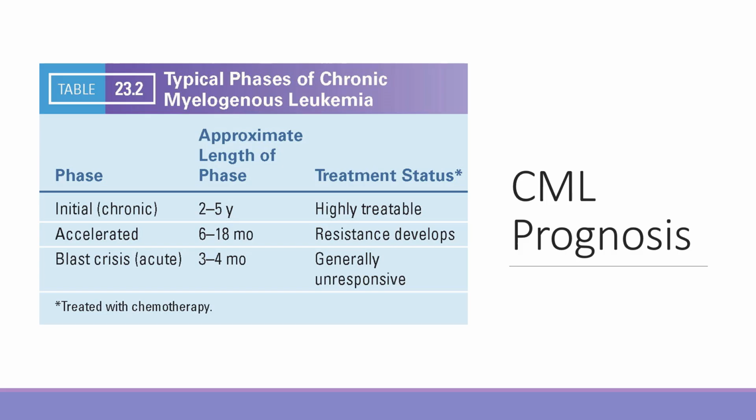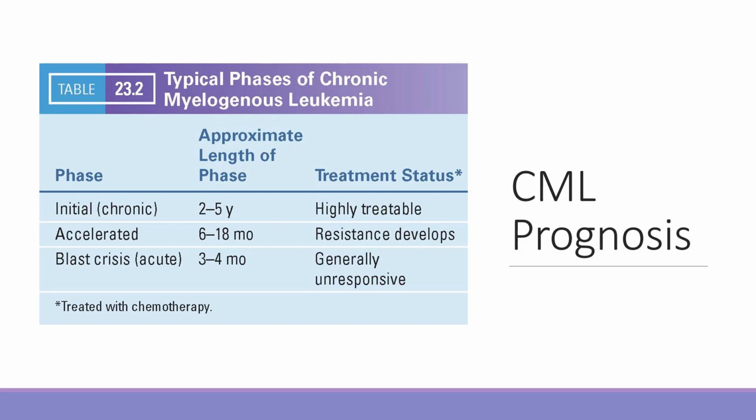So imagine if you were a patient and you go into your doctor and all of a sudden they're like, oh my goodness, you have a bunch of blasts and you start having chemotherapy and you're having a general unresponsiveness to that chemotherapy. You might only have 3 to 4 months to live.